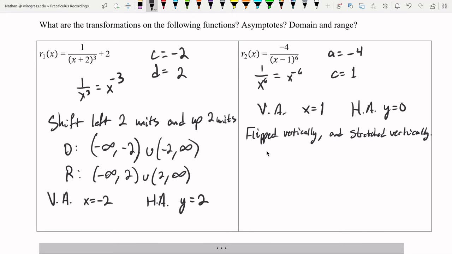Then it's going to be shifted right 1 unit from this c equal to 1. Okay, the domain then is -infinity to 1, and 1 to infinity.